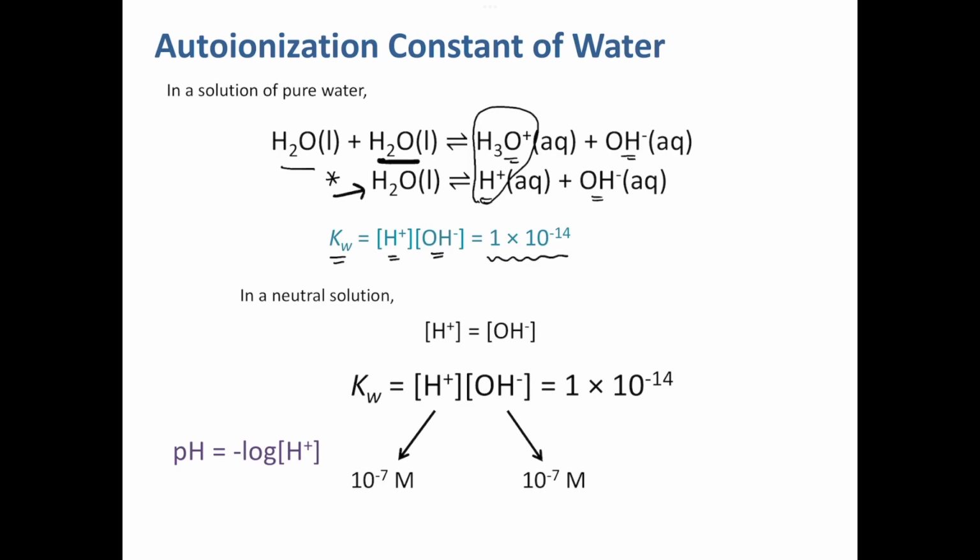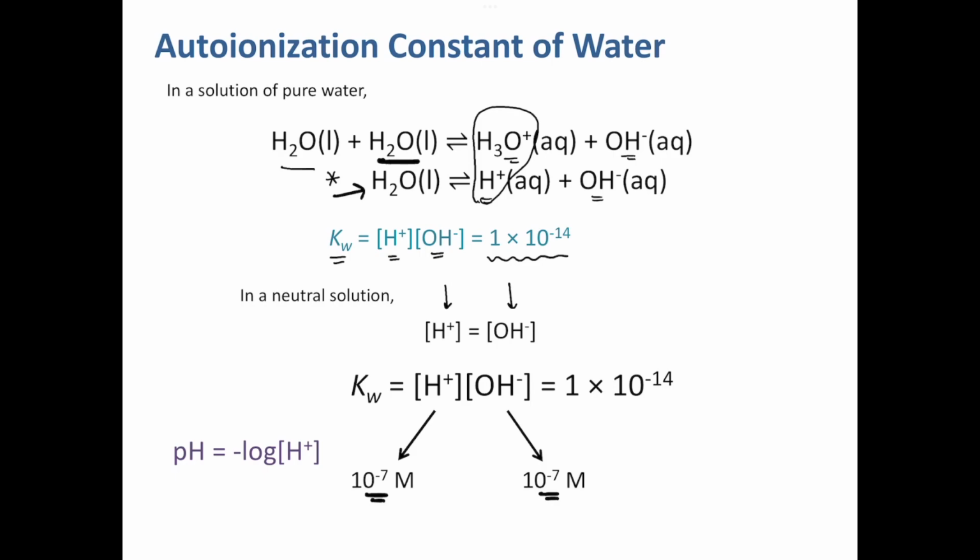What this means then is that if we're in a neutral solution, because the stoichiometric coefficients up here are 1 to 1, our hydrogen ion concentration would be equal to our hydroxide ion concentration. And if you were to solve for this value, each of these concentrations would be equal to 10 to the negative 7th molar.